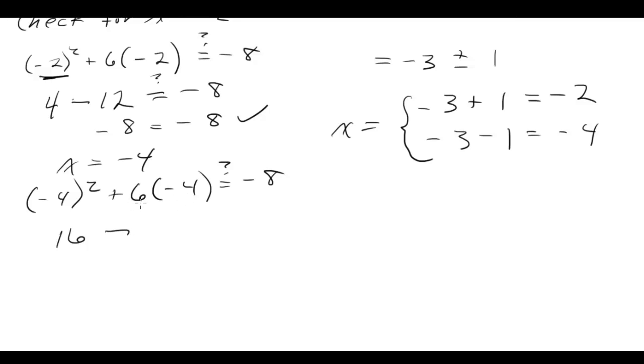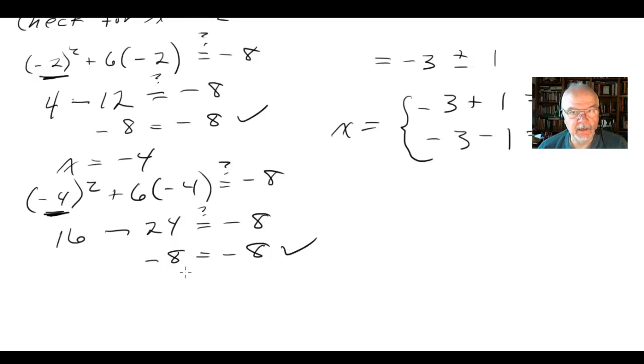Plus times a minus is minus. 6 times minus 4 is minus 24. Is that equal to minus 8? Well, yes it is, of course. Minus 24 plus 16 is, in fact, minus 8. So I get minus 8 equals minus 8. Isn't that wonderful? I now have checked that this solution, x equals minus 4, makes the equation true. Therefore, it is another solution. So I have two solutions. x equals minus 2 and minus 4.